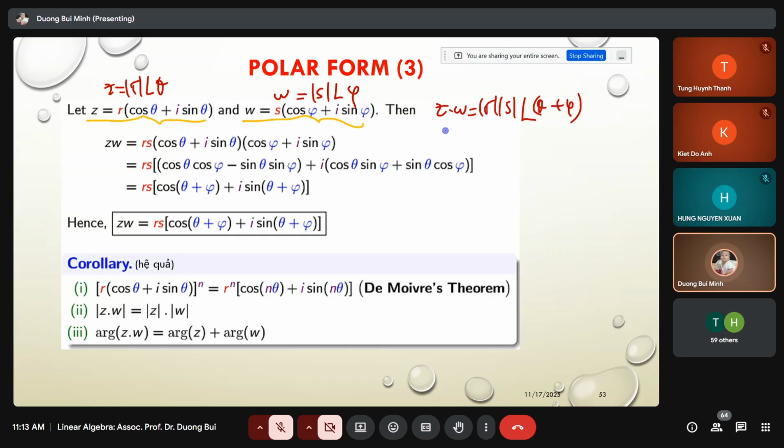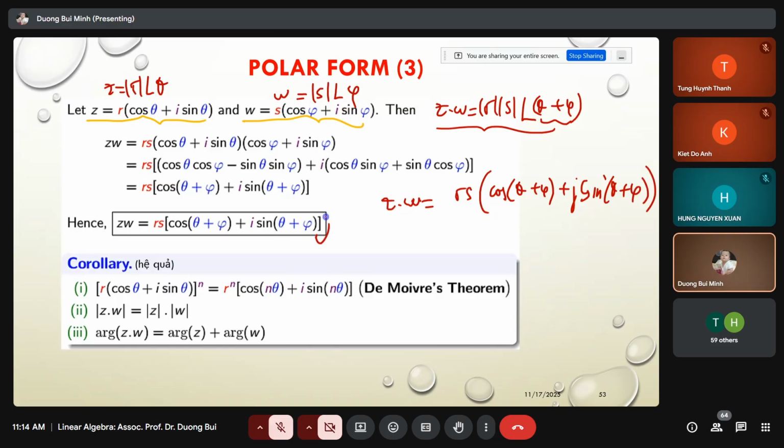Then you can write the polar form: z times omega equals r times s times cosine of theta plus phi plus j sine of theta plus phi. So you can be flexible in using different representations of complex numbers. It depends on what kind of questions we have.